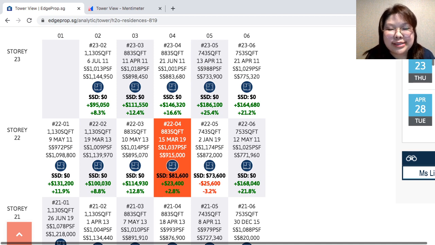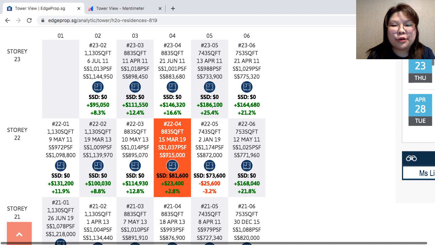So to calculate the edge fair value, you take 915,000 plus the seller's stamp duty, because you're accounting for the seller's stamp duty, and then you plus the profit. Three numbers added together is your edge fair value.